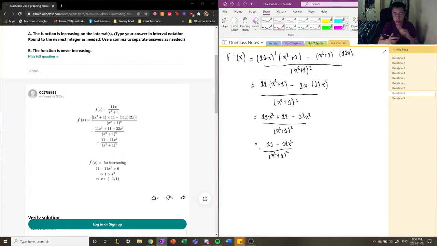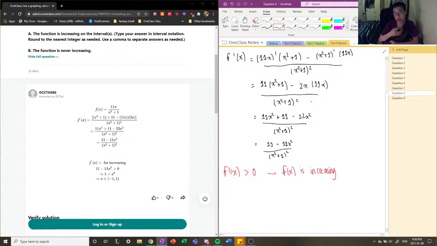Okay, so if f prime of x is greater than 0, our function is increasing. That means from that point on, it is heading towards positive y.